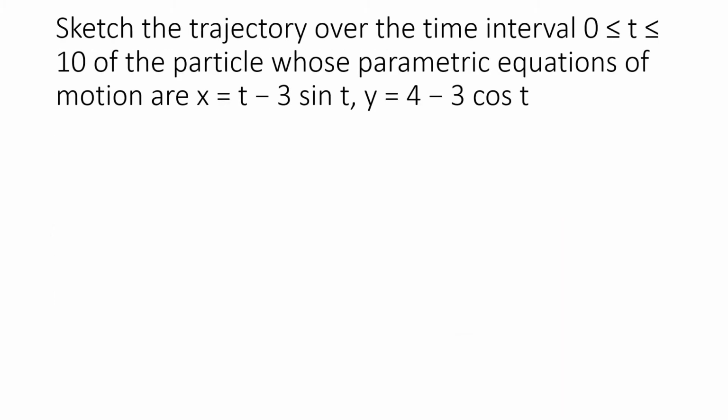Let's sketch the trajectory over the time interval t greater than or equal to 0 but less than or equal to 10 of the particle whose parametric equations of motion are x equals t minus 3 sine t and y equals 4 minus 3 cosine t.